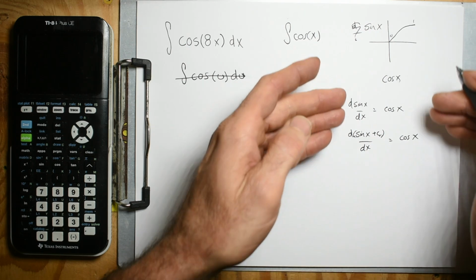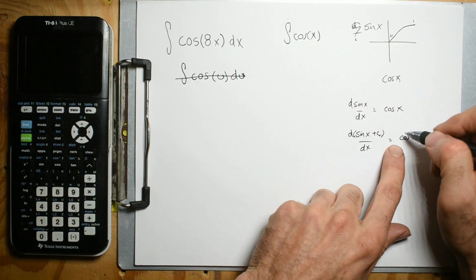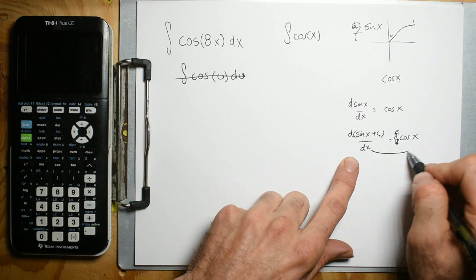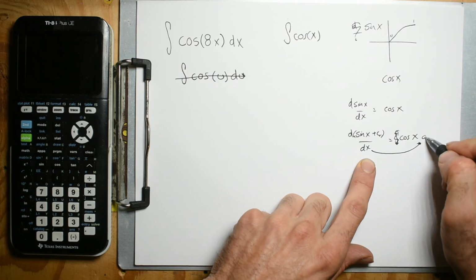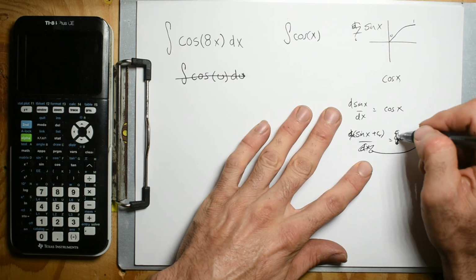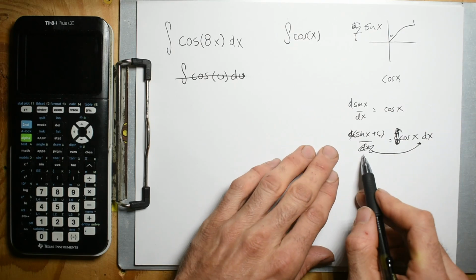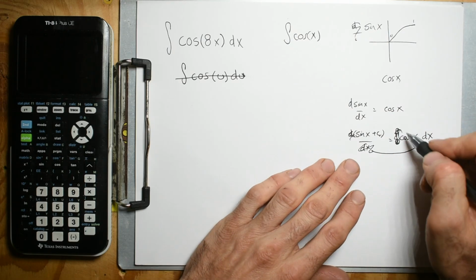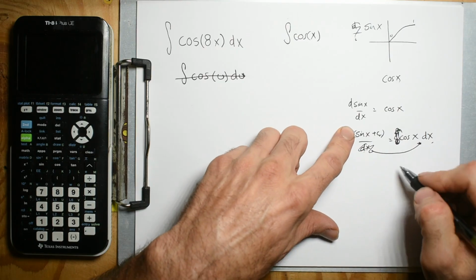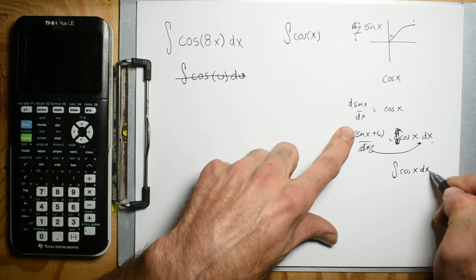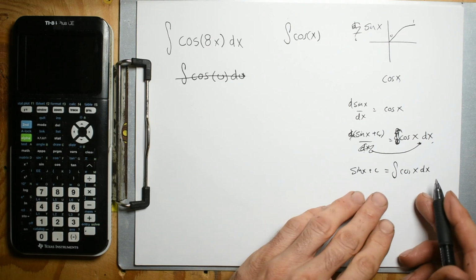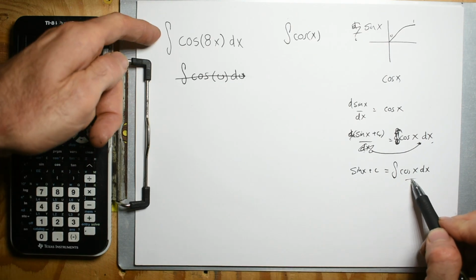And this is literally the way you should be learning integrals, because now I can say the integral, and check this out, you can even move this dx to the other side. But if you have the integration of cosine x dx, that is going to equal sine x plus a constant.